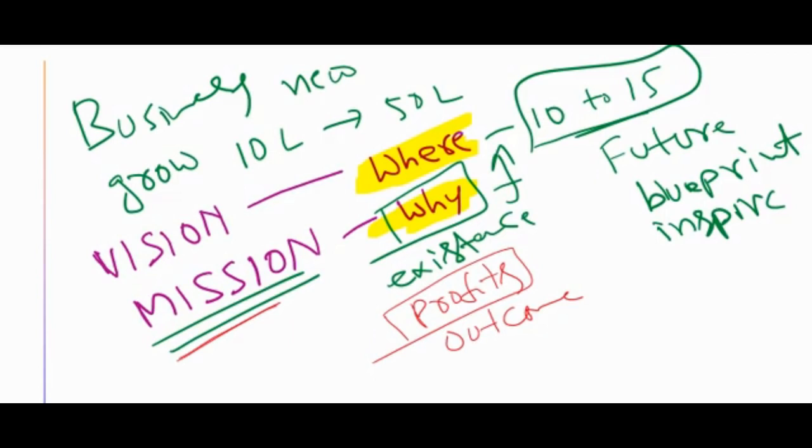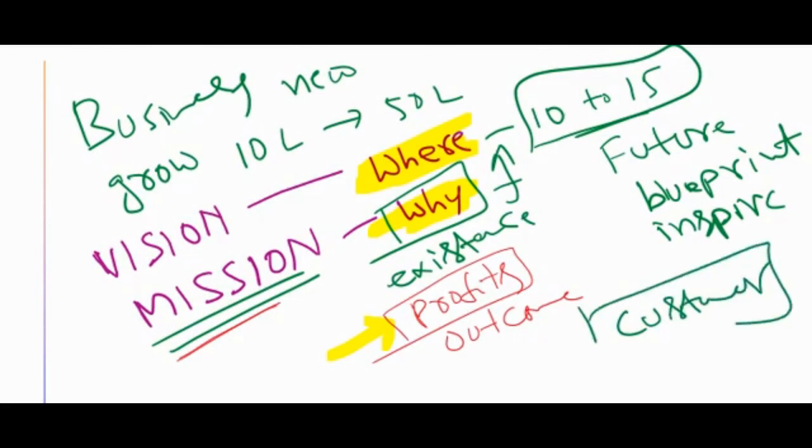And please remember, it is not because of the profits. Profit is just an outcome, and we need to have a proper why. We discussed solving customer problems. If you are trying to solve customer problems, automatically customers will come to your business and your revenue will increase and also profits will increase. So profit will become an outcome.